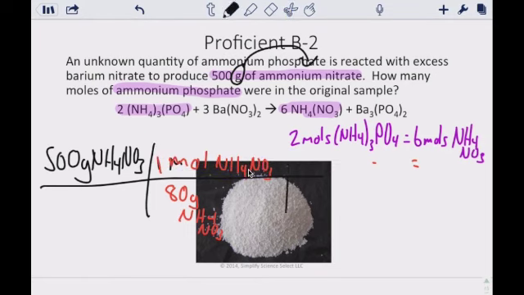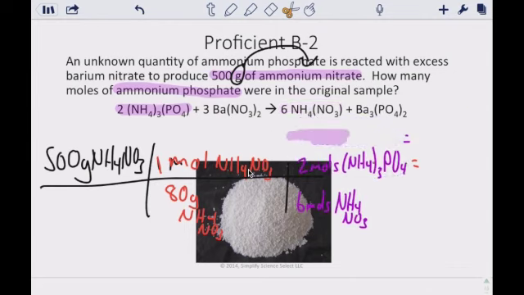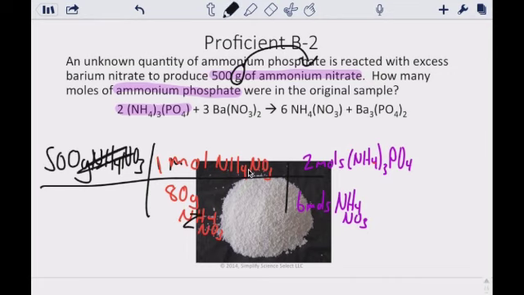And now what we're looking at is we have moles of ammonium nitrate. The only thing that says that, 6 moles of ammonium nitrate goes on the bottom. 2 moles of our ammonium phosphate goes on top. And we go ahead and we have everything set up now. And we see that grams cancel with grams, moles cancel with moles.